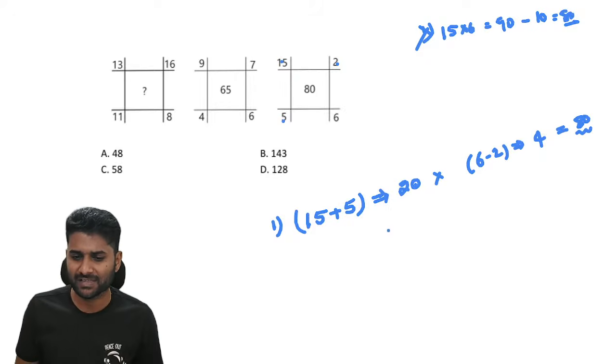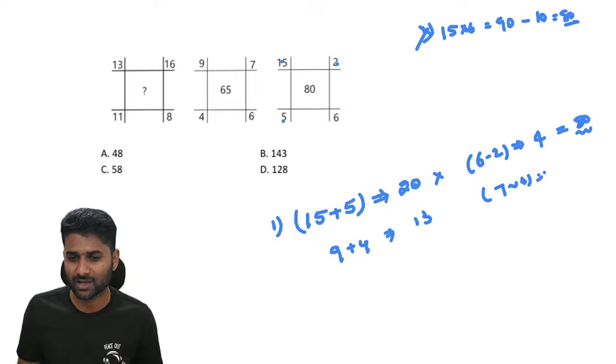Let's verify with the second one. 9 plus 4 is 13, and the difference between 7 and 6 is 1. So definitely it is not 65. Again, we failed in this operation.